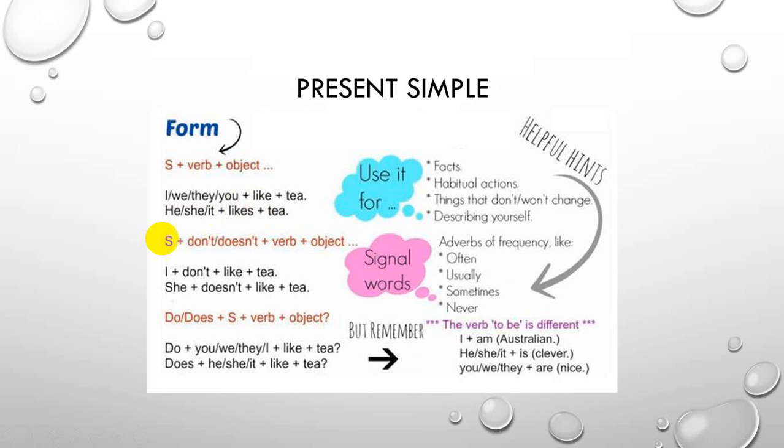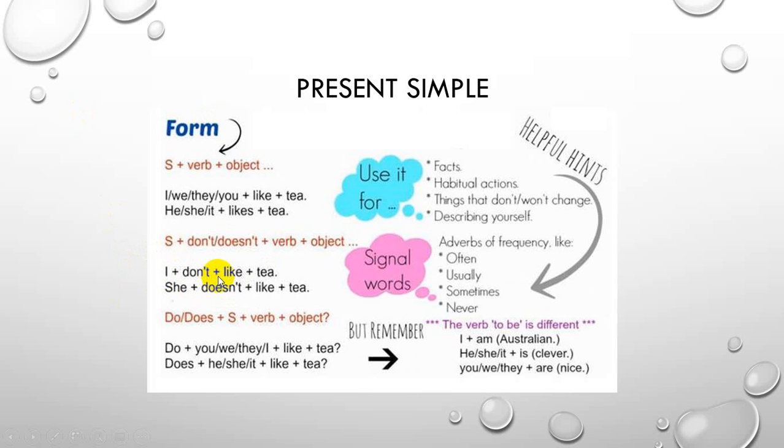It's very important. In negative form, we have the structure: subject, don't or doesn't. Okay? And the verb plus the complement or object is the same. When we use I, the first person, we use don't. This is the auxiliary when we explain the negative sentence or negative form.